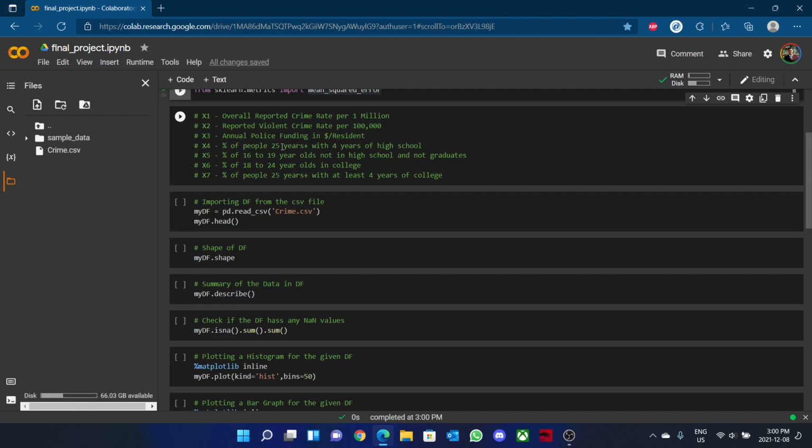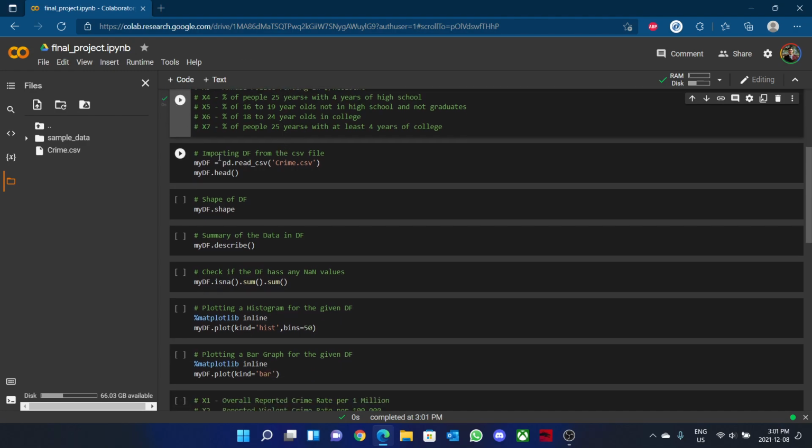X4 is the percentage of people over age 25 with 4 years of high school. X5 is the percentage of 16 to 19-year-olds who are not in high school and not graduates. X6 will be the percentage of 18 to 24-year-olds in college, and X7 will be the percentage of people more than 25 years old with at least 4 years of college.